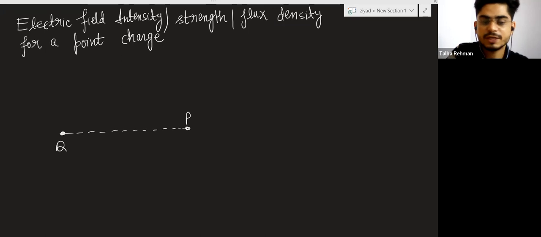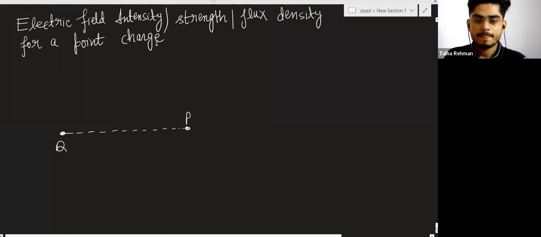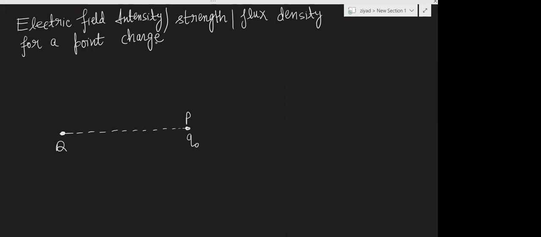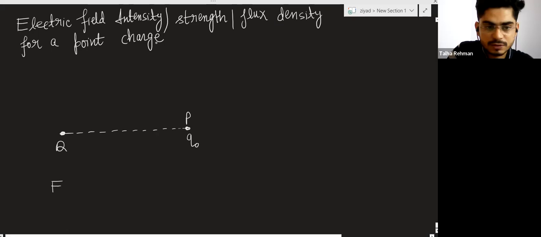You have this point charge as a positive charge. How you will calculate the electric field, I have already told you, but I am telling it again. Take a test charge q naught here and calculate the force on this test charge at a distance r.